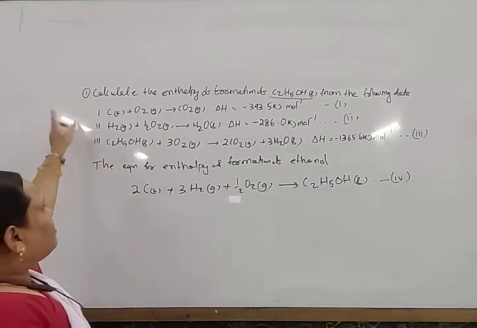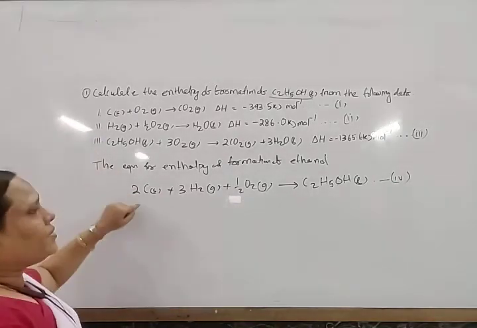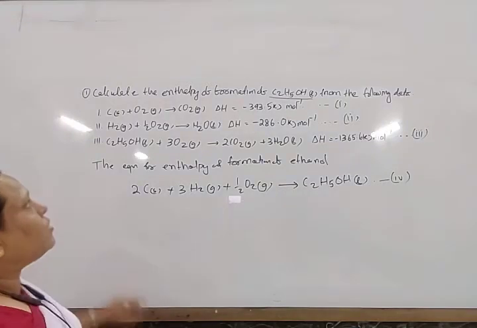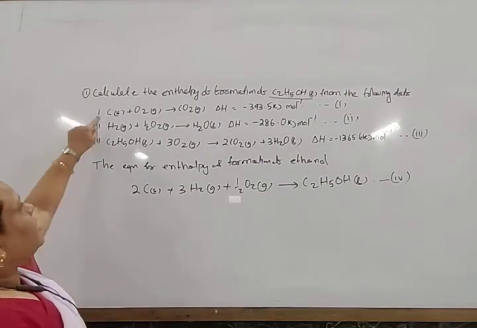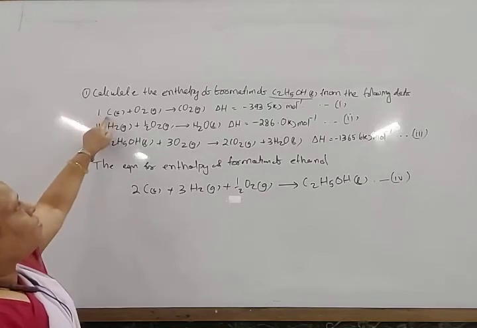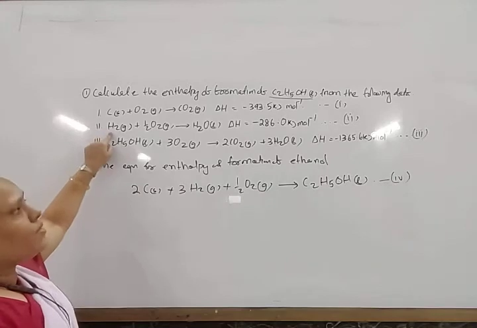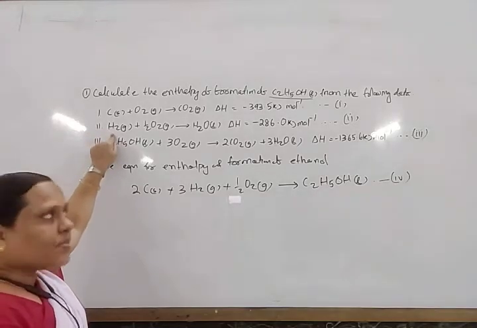By these 3 equations you have to find this equation. How can you find it? Look here, 2C is there, so multiply equation 1 by 2, and 3H2, so multiply equation 2 by 3.